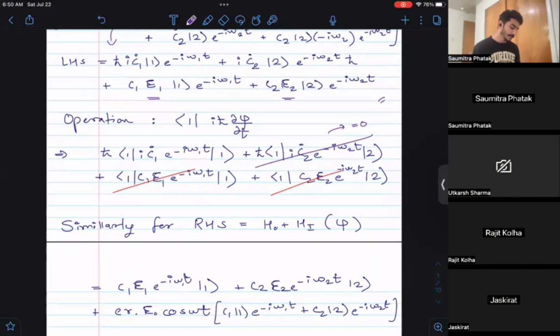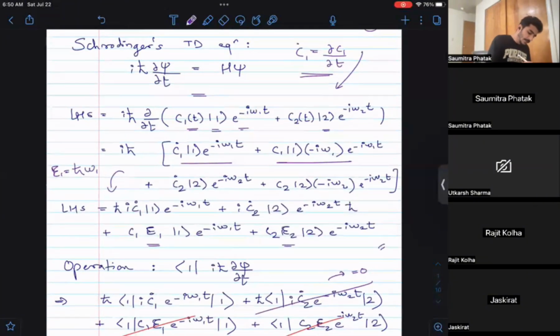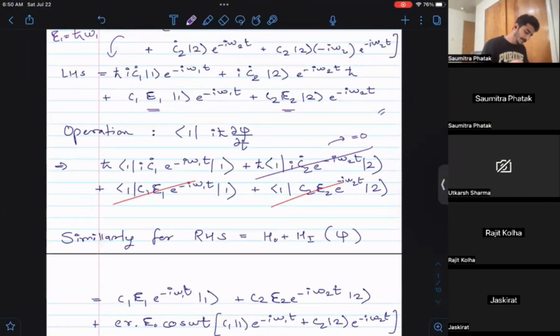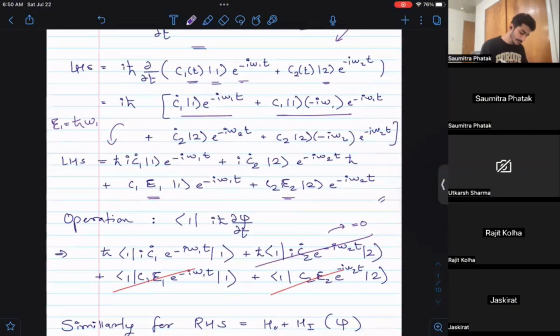In these four terms, I have cancelled some of the terms, and I will explain why. Essentially, we are going to pre-multiply both sides of the Schrodinger equation by the first energy eigenket, and then equate the same coefficients, whatever remains. If we do that, then we get this term.